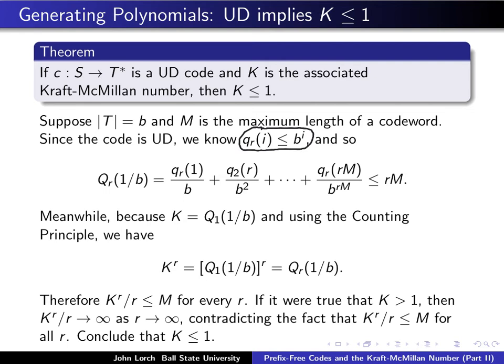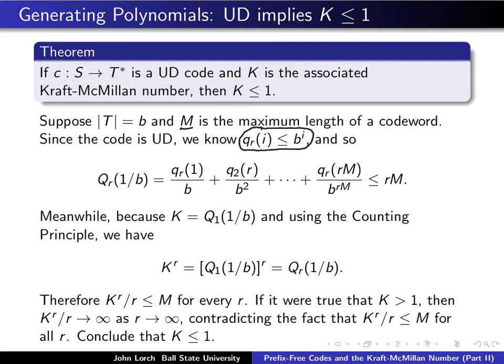Another thing to notice is, since m is the maximum length of a code word, if we encode a message in S star of length r, then the maximum possible length of that coded message would be r times m. So q sub r of rm is the largest potentially non-zero coefficient in the polynomial capital Q sub r of x.